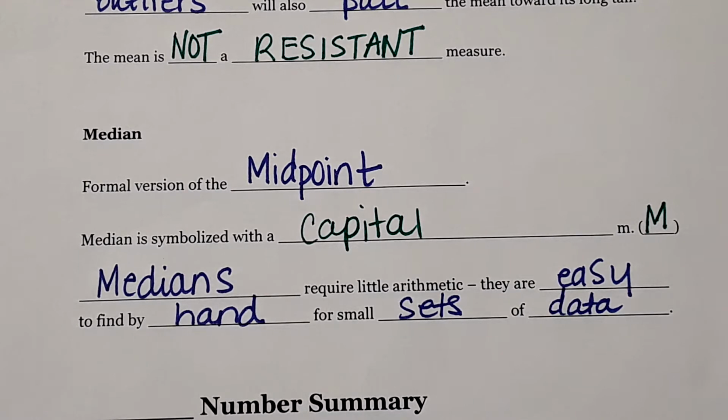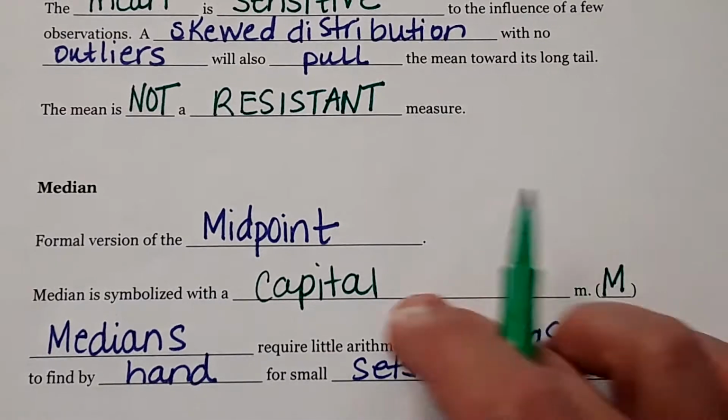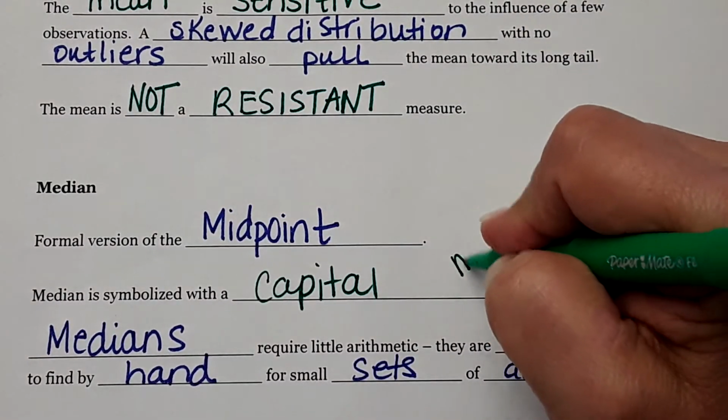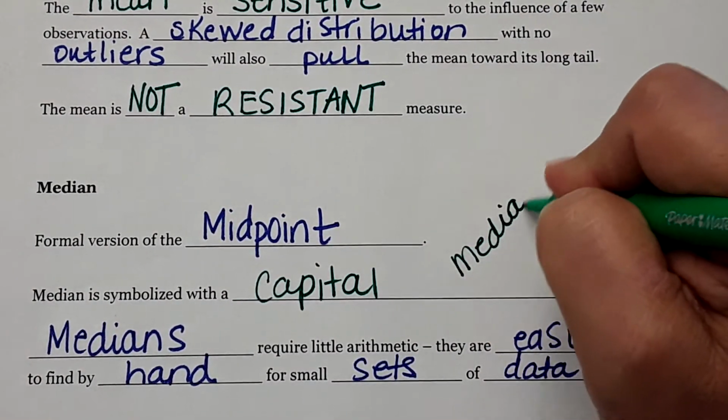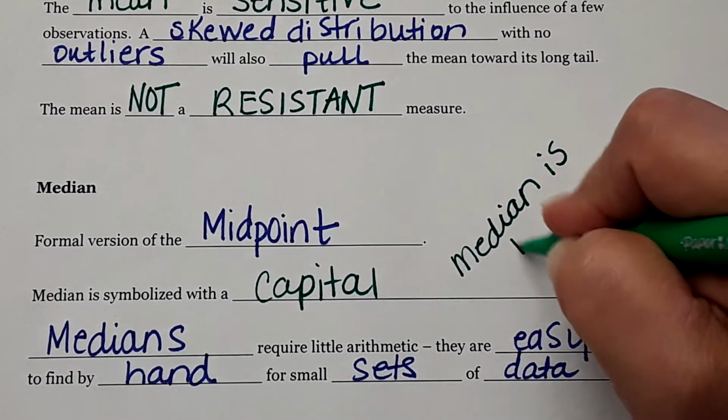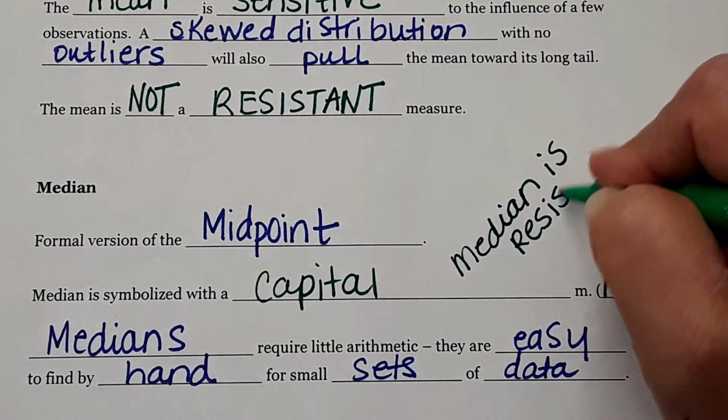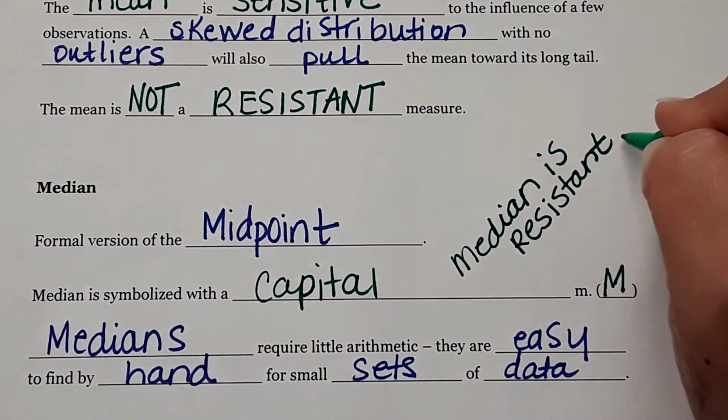Okay, so now you have the mean and the median. The one thing you need to know about the median, and I don't know why I don't write it here, so we're just going to write to the side: the median is resistant, whereas the mean is not.